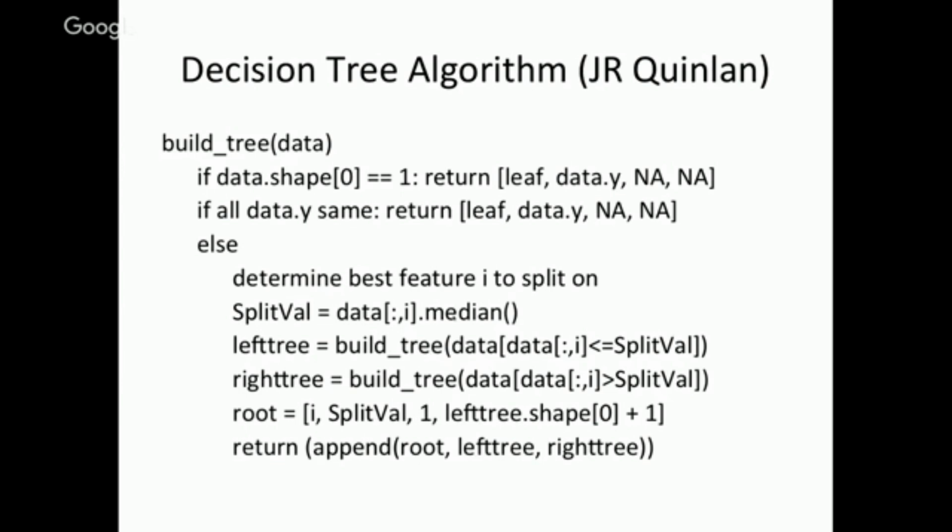You don't actually have to do the full sort. Median is order n, but it's a big n, so it can take a while. But anyways, long story short, if we could figure out a way to do these two steps faster, that would overall help our algorithm be a lot faster.